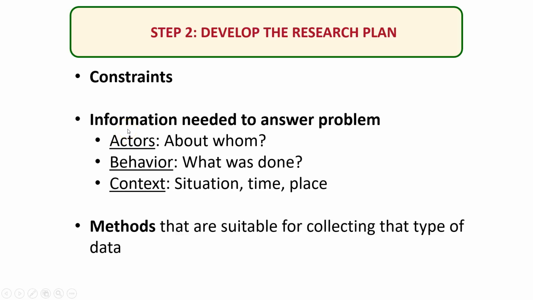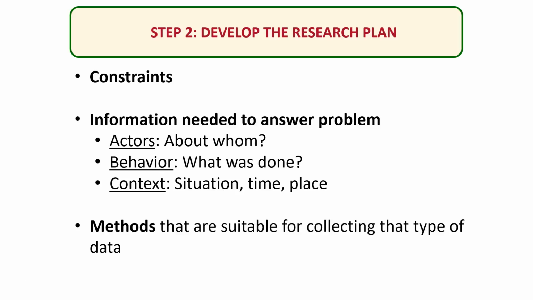Another consideration for developing the research plan is the information needed to answer the problem. We can broadly consider this in terms of the actors we need to study, so whom are we studying? So it's usually a target market, but it can also be others like employees, such as when tracking drive-through times. We need to look into the behavior we want to say, so what was done?